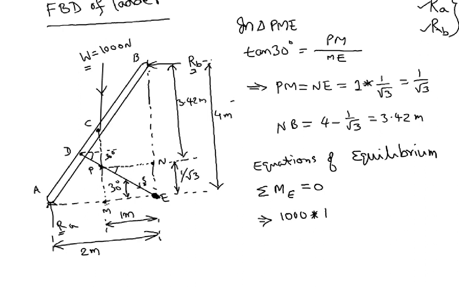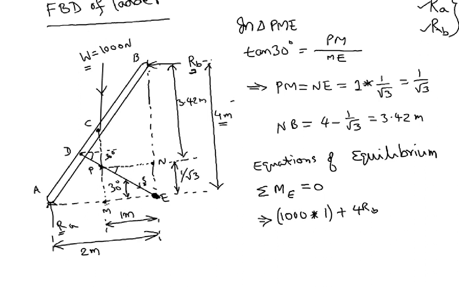The other moment is due to the force RB, also counterclockwise, so positive: plus 4 times RB, because the perpendicular distance from E to the line of action of RB is 4 meters.